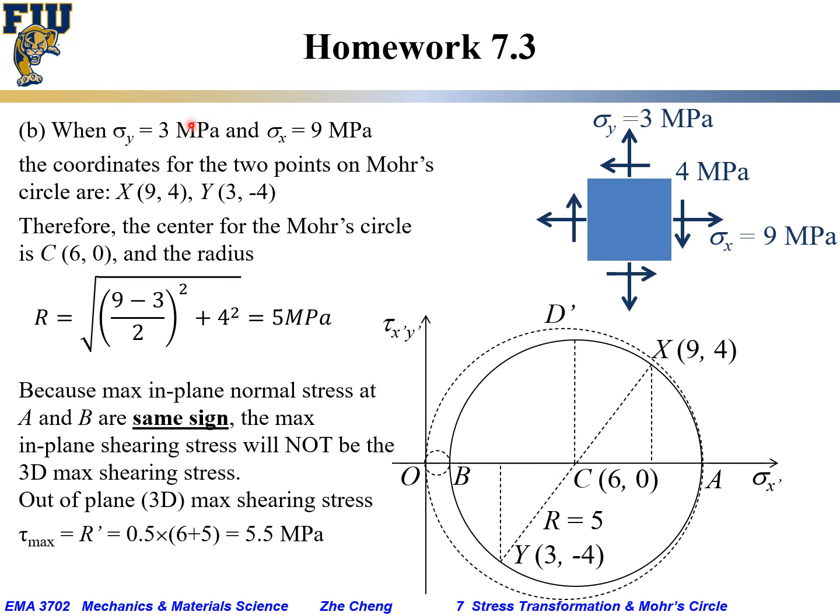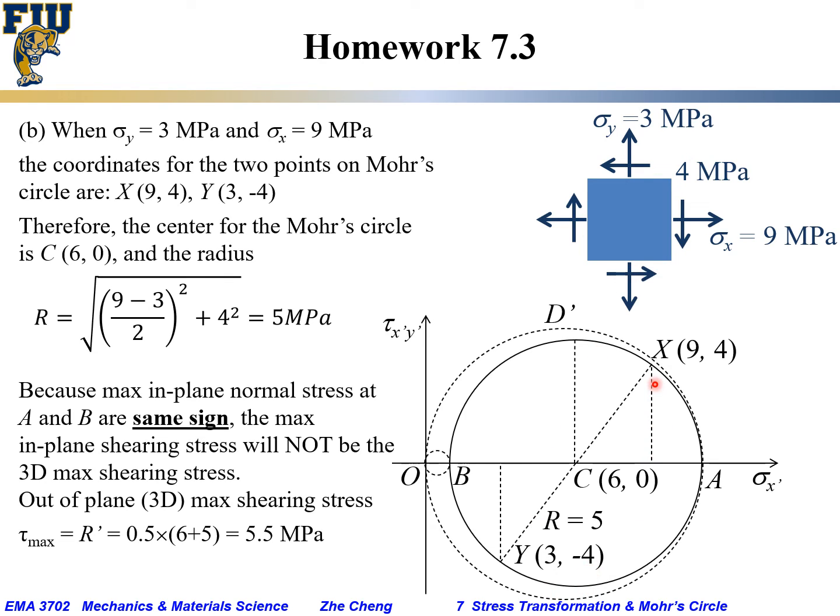On the other hand, if sigma y would be 3, sigma x would be 9, so 9, 3, and 4. Again, we would know the coordinates for two related points. For x would be 9, comma, 4. For y, it would be 3, comma, rotating counterclockwise, -4.